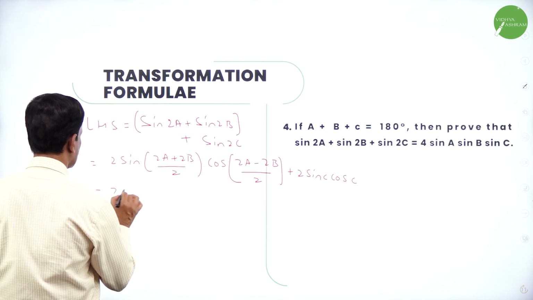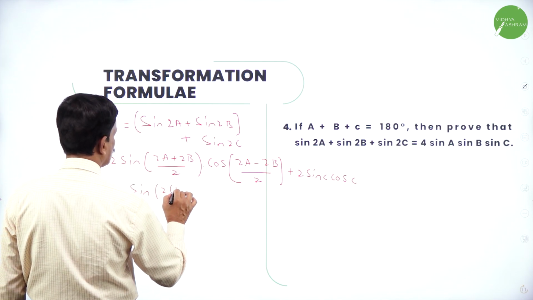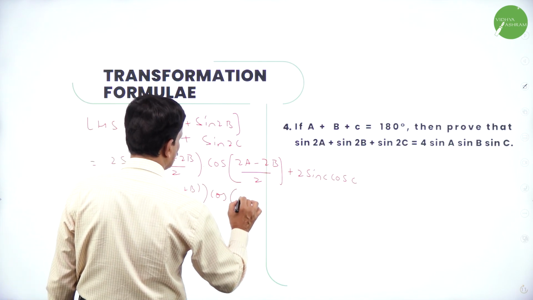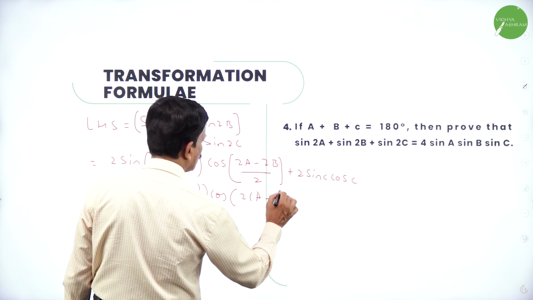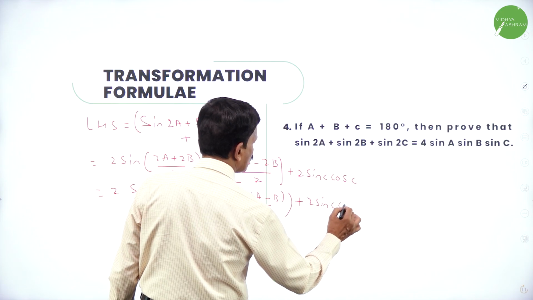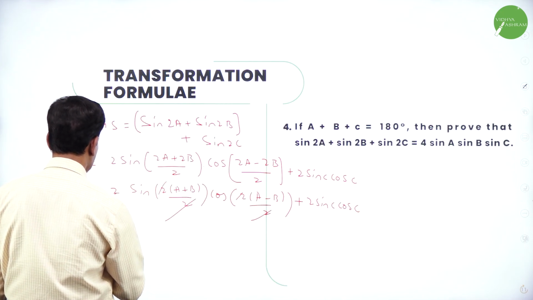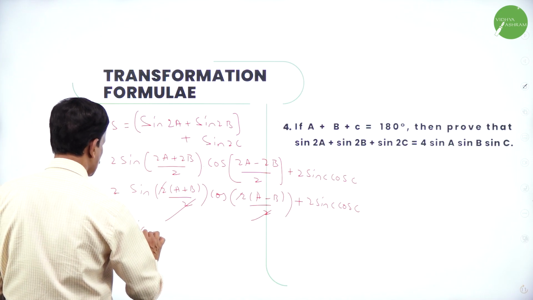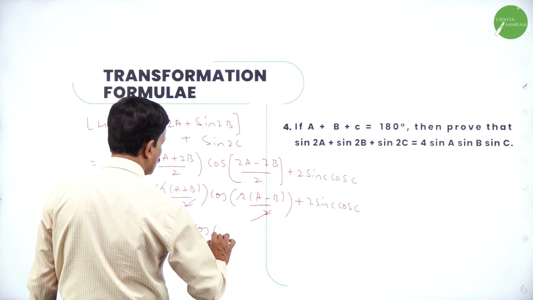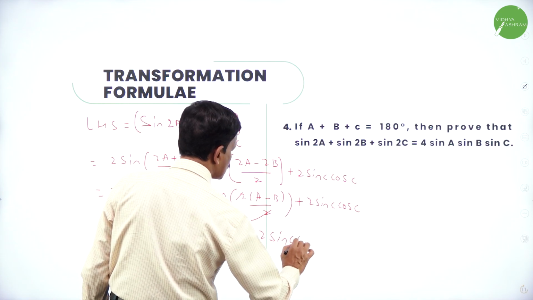Now here this can be written as 2 times 2 as it is, sin of, you can take 2 common factor, a plus b by 2 into cos of, 2 common factor, a minus b by 2, plus 2 sin c cos c as it is. Now here 2 and 2 gets cancelled. This can be written as 2 times sine of a plus b into cos of a minus b plus 2 sine c cos c.